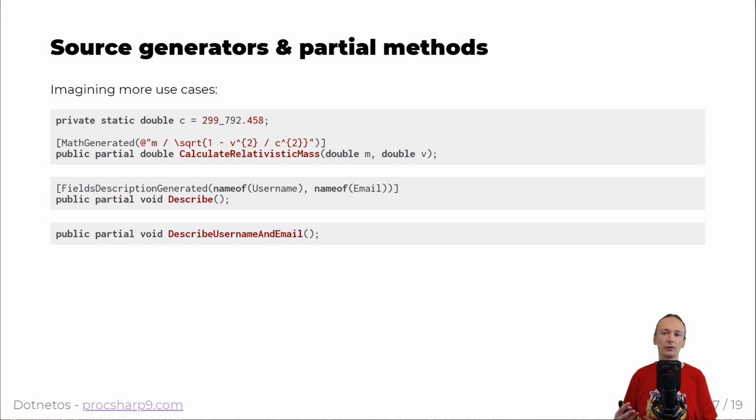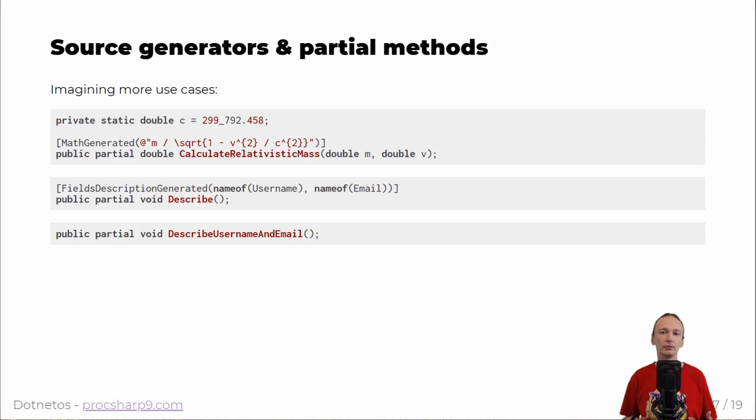So you can even use a convention like here, for example, if I have a method which is named DescribeUsernameAndEmail, my source generator will find all partial methods that start with the name Describe and take the fields to be used for the description from the name itself. You can imagine using this for the builder pattern, for example, in your tests, or any other thing that you imagine will be nice to have in your application.